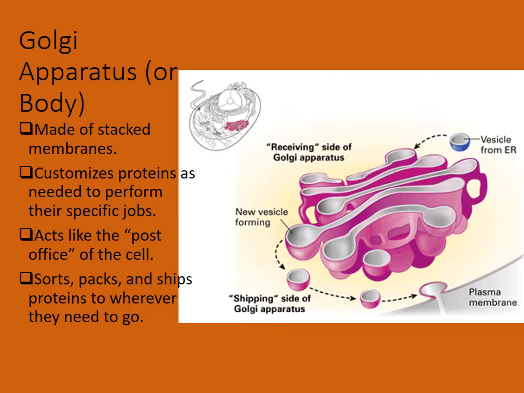If it was a protein for brain cells, it would stamp it. The final modification before a protein leaves the cell is done by the Golgi apparatus. It also acts like the post office of the cell. It sorts, packages, and ships proteins wherever they need to go. It is the one that customizes them for a specific place and destination, so why not sort them, customize them, pack them, and ship them out.